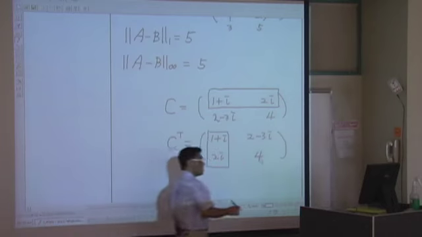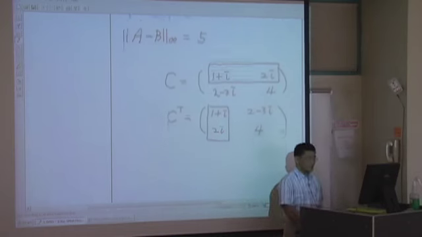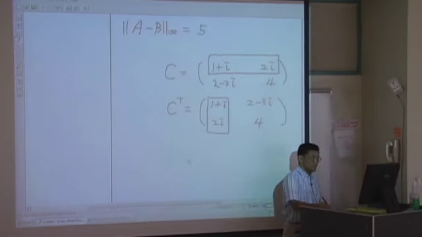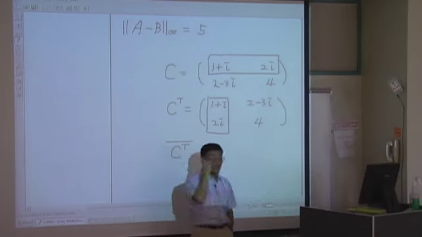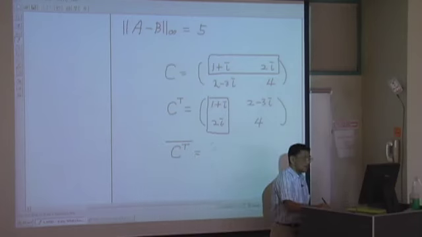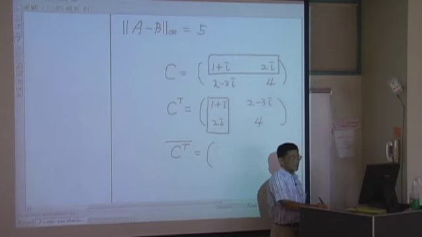Now we add one more thing: the over bar. The upper line represents conjugate. So we conjugate it: i becomes negative i. So 1 plus i becomes 1 minus i. 2 minus 3i becomes what? 2 plus 3i. 2i becomes what?